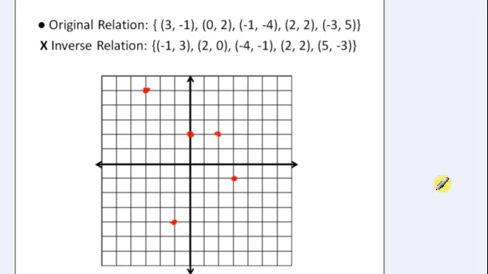All right, now for the x's for the inverse relation. So (-1, 3), put an x here, (2, 0), x here, (-4, -1), (2, 2), so I'm going to have an x on top of the dot, and (5, -3).